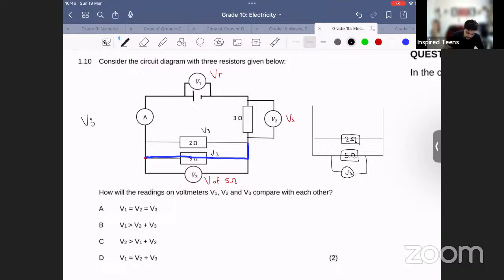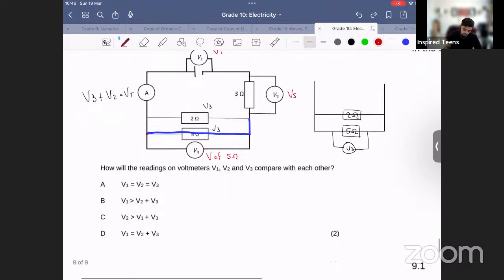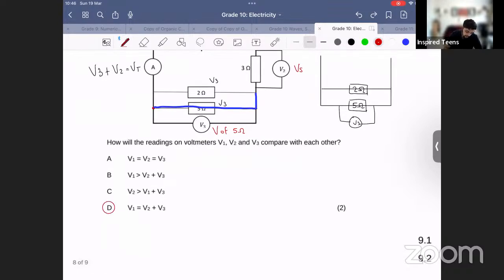When you add V3 and V2, you should get V total. Because this is the total volts of the parallel, it doesn't split, it gives it equally, 10 volts, whatever the voltage is. And the series takes some. And when you add those two, you should get total volts. So therefore, D. Okay, C out as well.